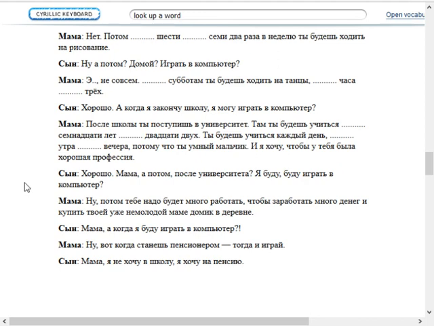Ну, потом тебе надо будет много работать, чтобы заработать много денег и купить твоей уже немолодой маме домик в деревне. Мама, а когда я буду играть в компьютер? Ну, вот когда станешь пенсионером, тогда и играй. Мама, я не хочу в школу. Я хочу на пенсию.